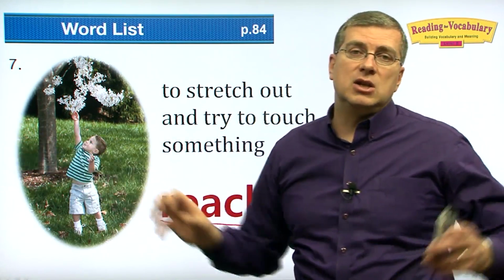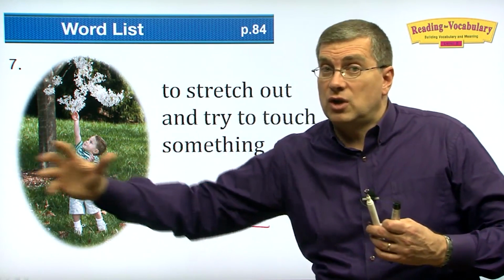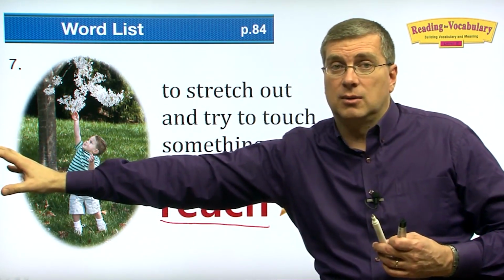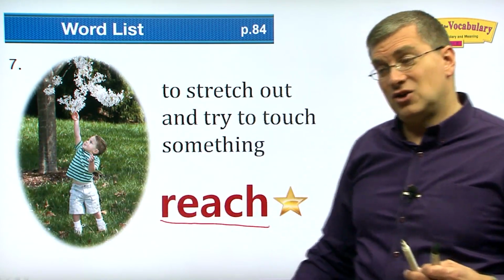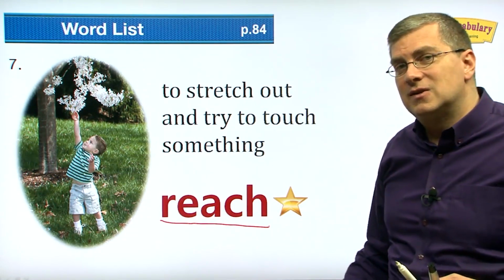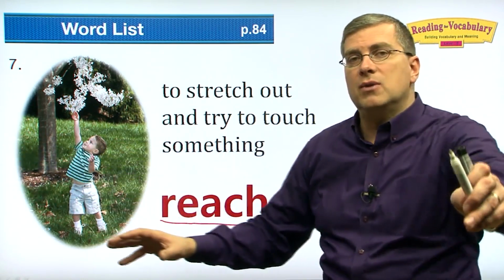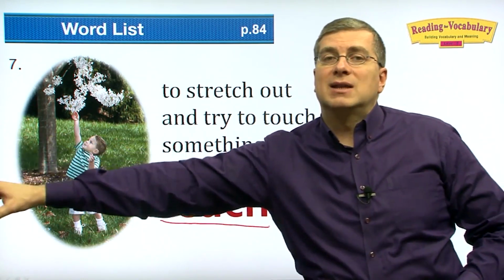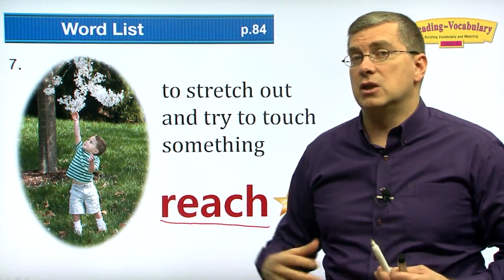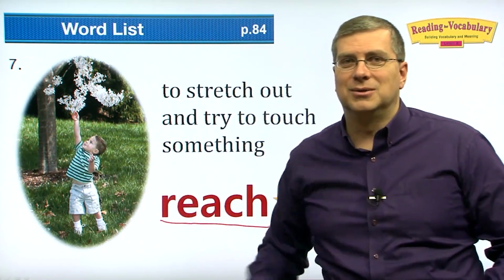There's many ways that you can reach, right? It just means to stretch out. If you're stretching your arm, that's reaching, right? If you stretch out your leg, maybe you're trying to reach something with your foot, okay? So it just means to use a part of your body to try to touch something that is not close to you, to reach. And it can be any different direction, okay?